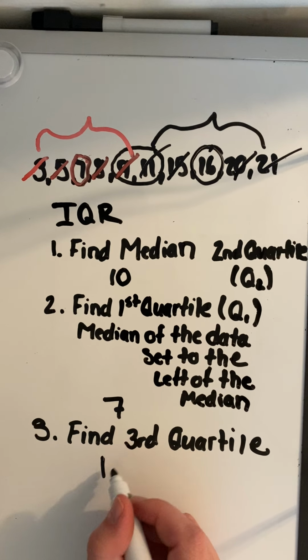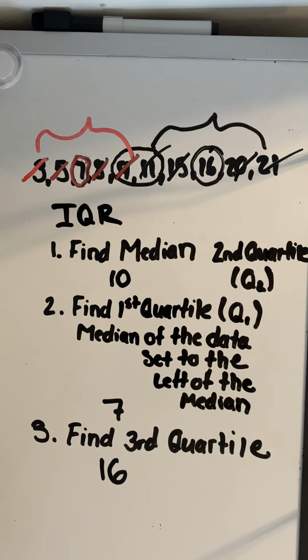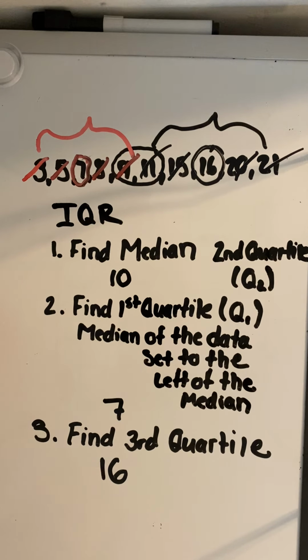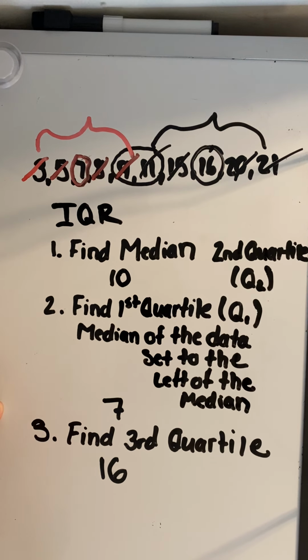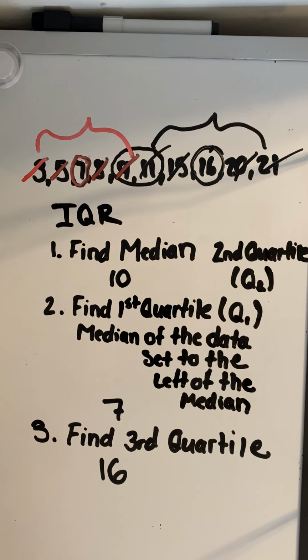So our third quartile is 16. So we found our second quartile, first and third, by finding medians of our data set. Okay, the first and third quartile and median in this interquartile range is going to be important when we create box plots, or box and whisker plots is another name for it.